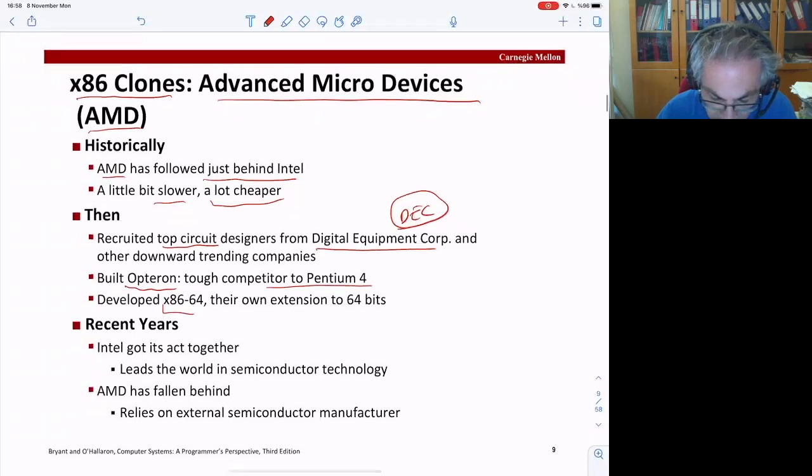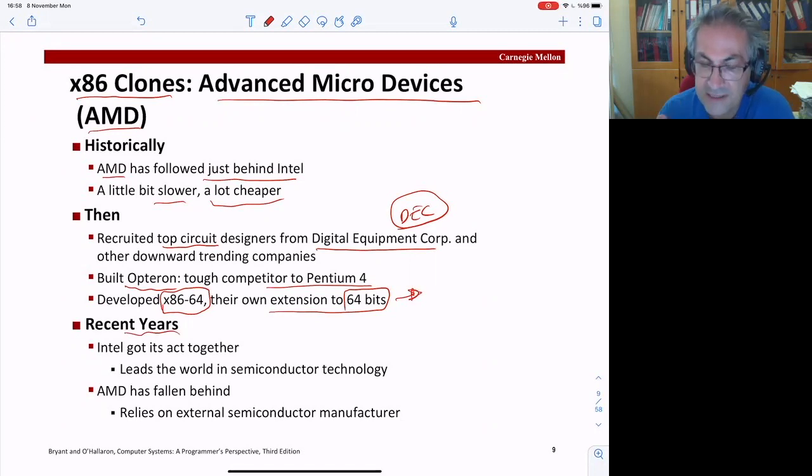Then they developed x86-64, with their own extension to 64 bits, and this was very successful. But in recent years, Intel provided the very same instruction set architecture, but with a different implementation.